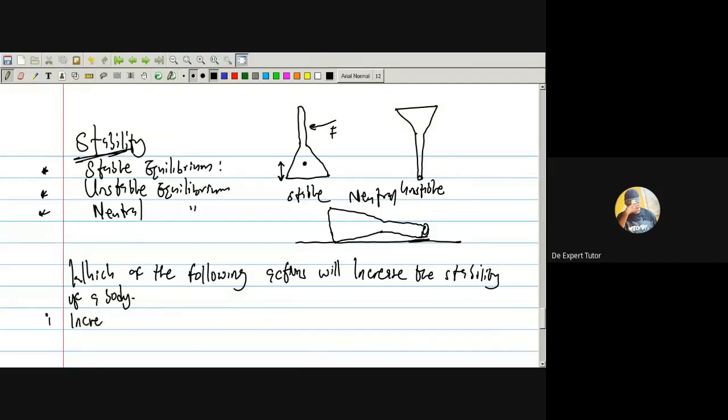Increasing base area. Raising the center of gravity.